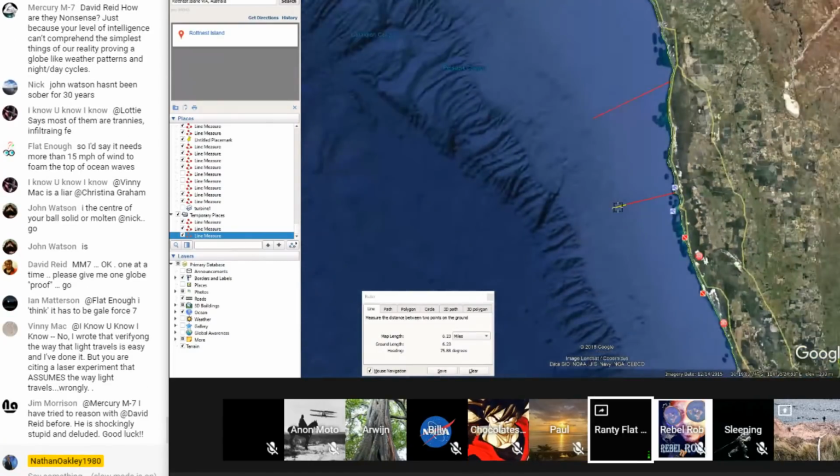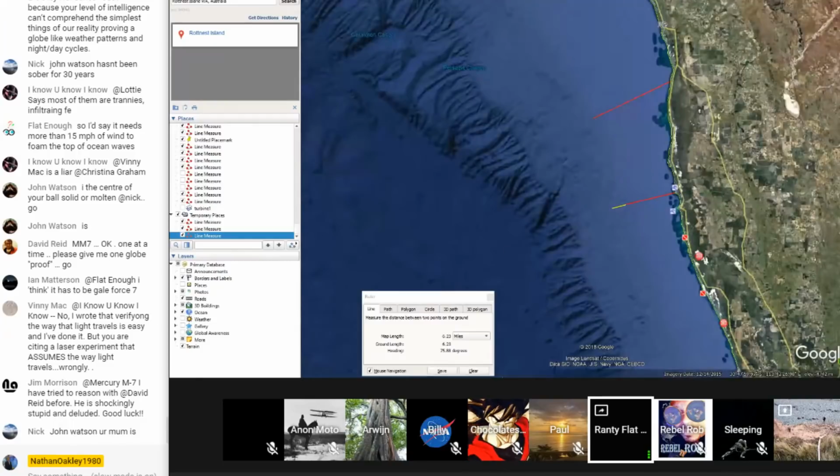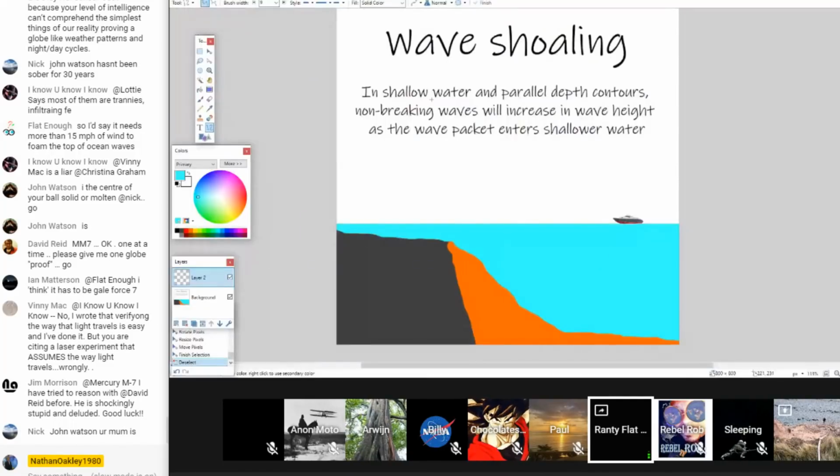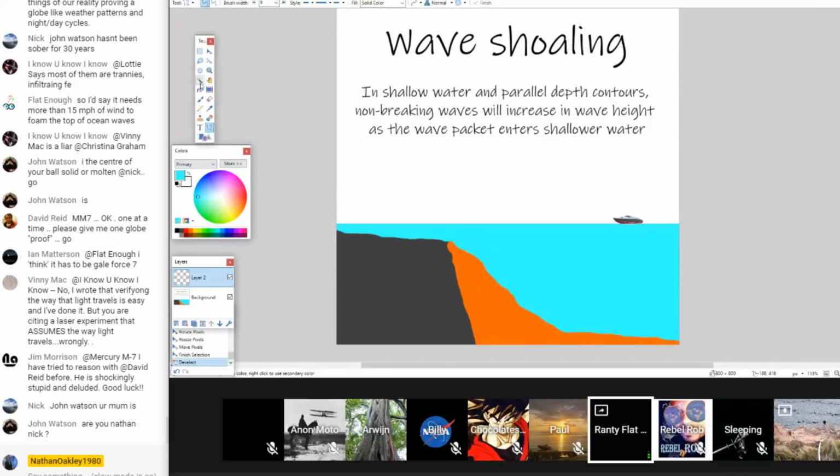So when the tide's pushing in, it's literally doing exactly what it says on wave shoaling. In shallow water and parallel depth contours, which is this, non-breaking waves, which means it will just be a raise in the water level, will increase in wave height as the wave packet enters shallow water. So I'm just going to put a little indication of what that would do to your boat here.